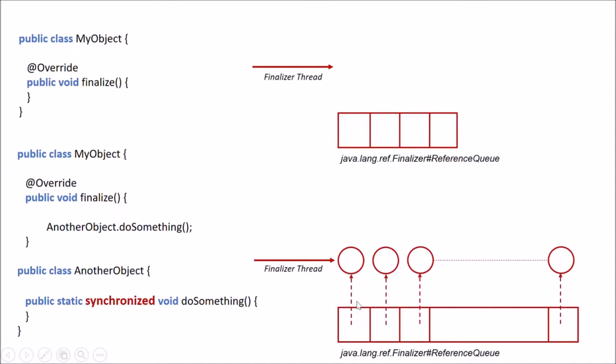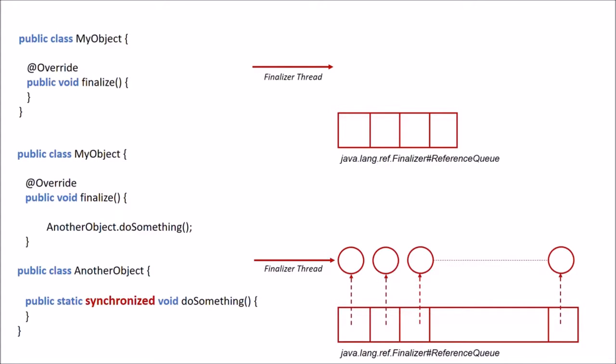That means very soon your application is going to experience an out of memory error. Your game is going to get over very soon. So when you're analyzing the thread dumps, you've got to look into what your finalizer thread is doing, what state it is in. It's a very sensitive thread, and you've got to pay very proper attention to what the finalizer thread is doing in your thread dumps.